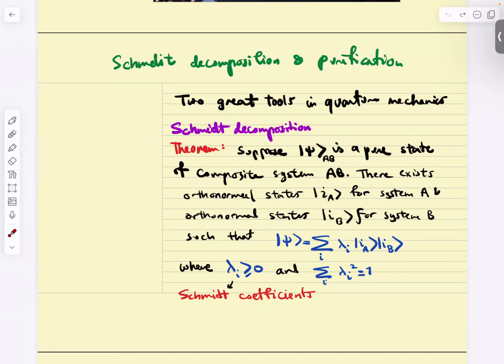Not only are they real, but they also add up to 1.